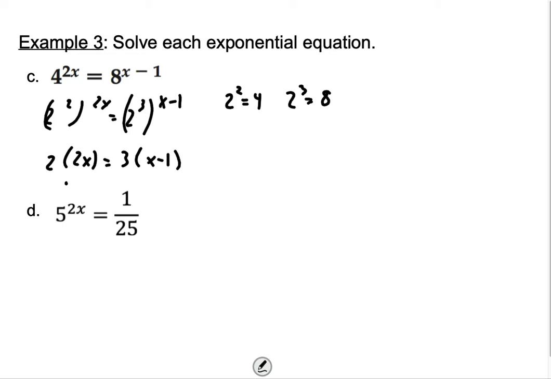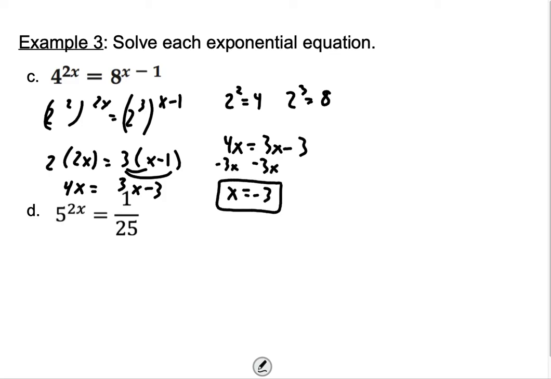So multiply the left-hand side, and distribute the 3 through on the right-hand side. And then I'm just going to go ahead and solve this. I'm going to subtract 3x from both sides, and we end up simply getting x equals negative 3.